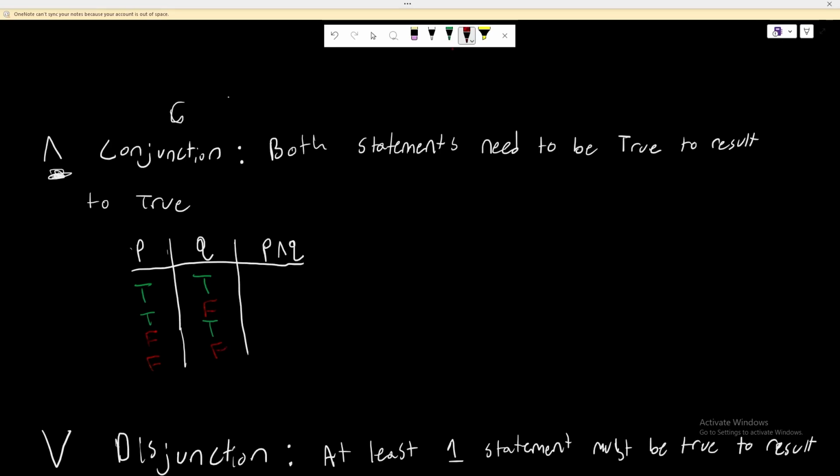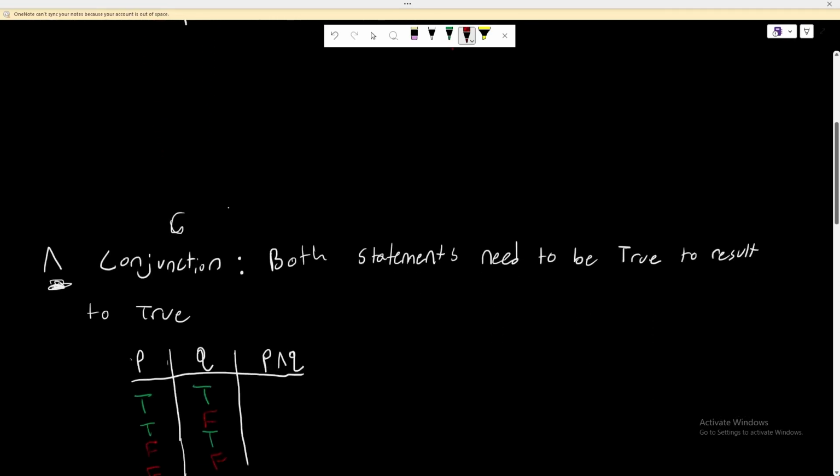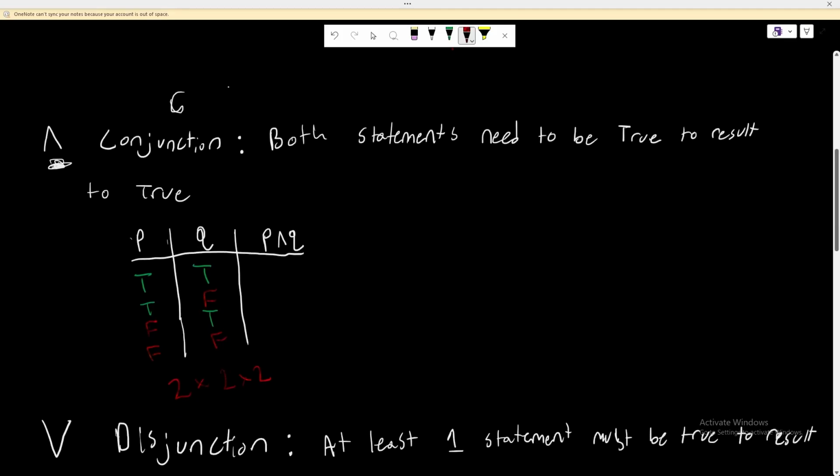This is all the combinations we have. If there was another statement, it would be 2 times 2 times 2. That would be the number of rows you would need. Like you saw earlier, we only had 2 rows with one statement, and because we have two statements, P and Q, we have 4.